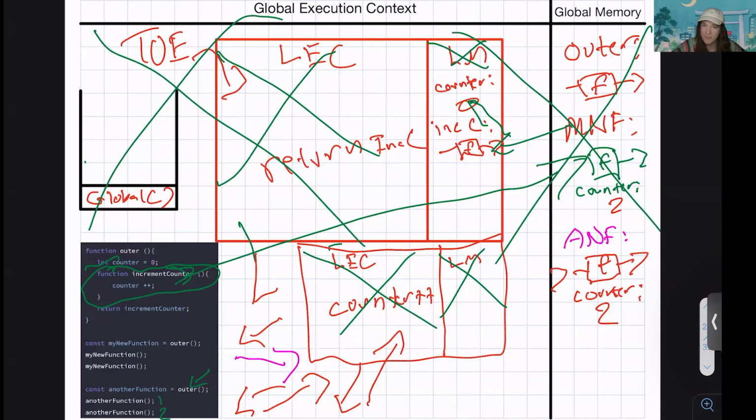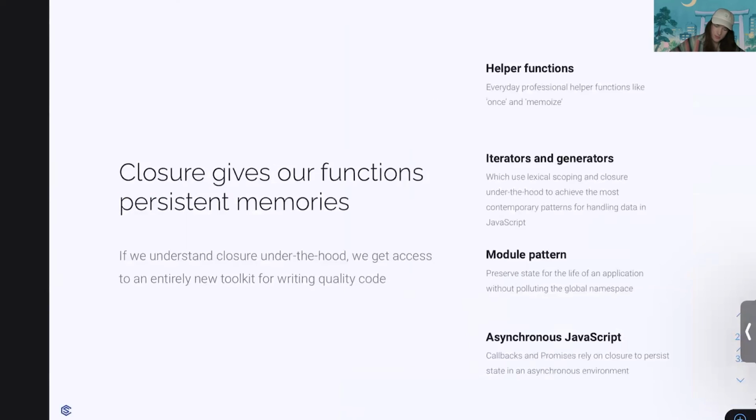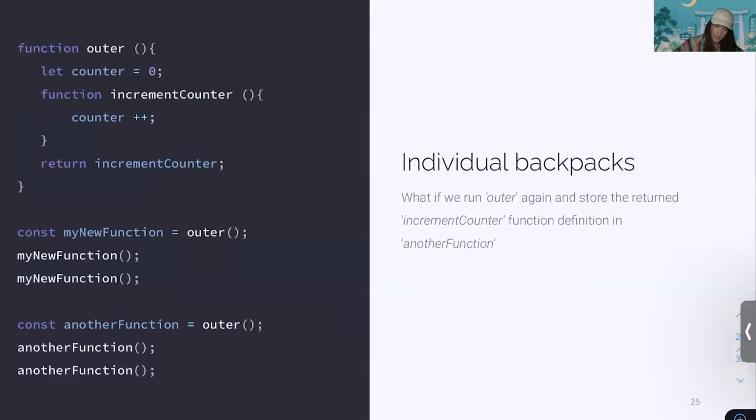Because in each invocation of outer, a function is defined. Not just a place is labeled, but a new definition is provided. Individual backpacks here, because we ran that outer function again.